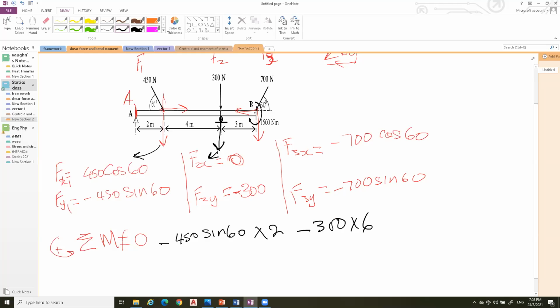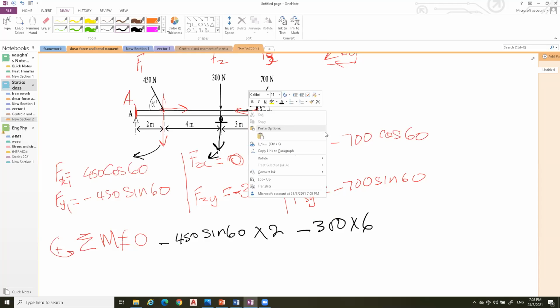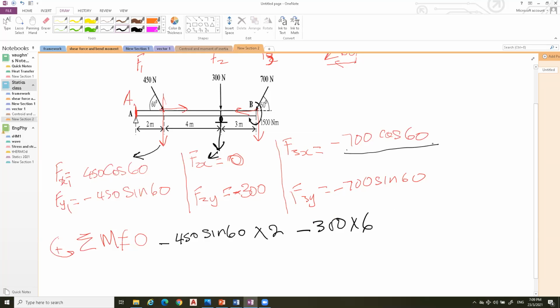We have one that is running horizontal. That one is going to cancel out, which is this one up here. We are not going to include that one because it's running right through A. There's no perpendicular distance. But the one that is coming down, this one here, is turning it in the same direction, clockwise. So it's minus. So it's 700 sine 60 times 7.